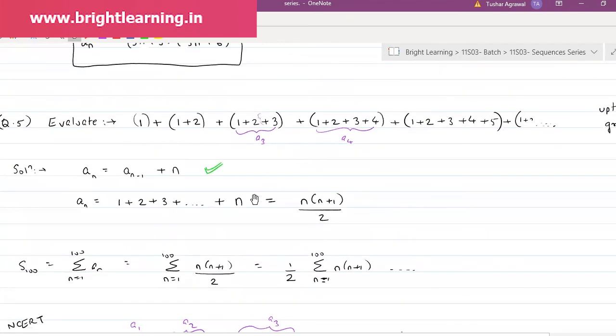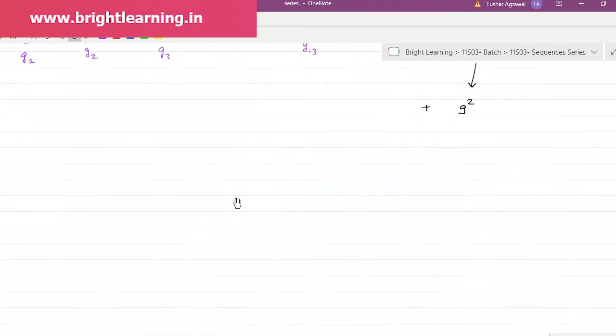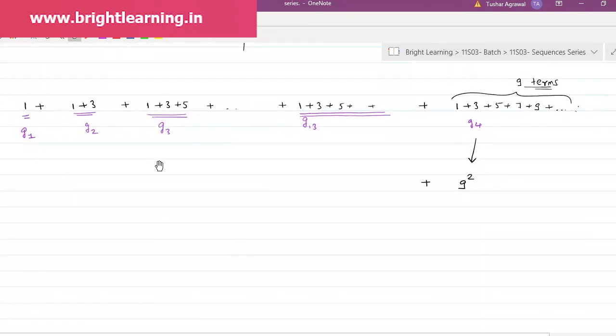So these groups are something like G1 plus G2 plus G3. So Gn, what is Gn? In the nth group, there are n odd numbers, and the summation of the first n odd numbers is equal to n square. Yes or no? So this is actually the summation of n square.